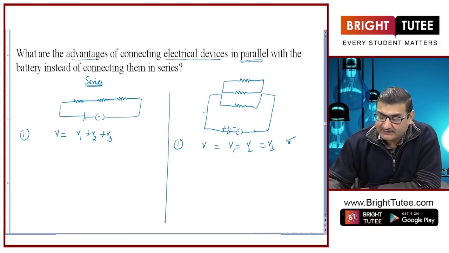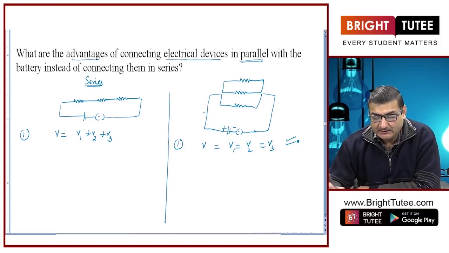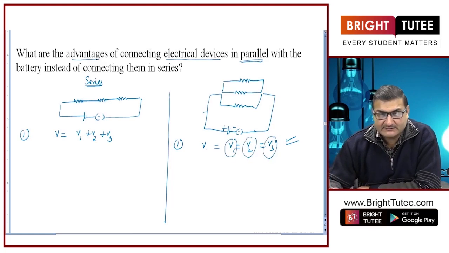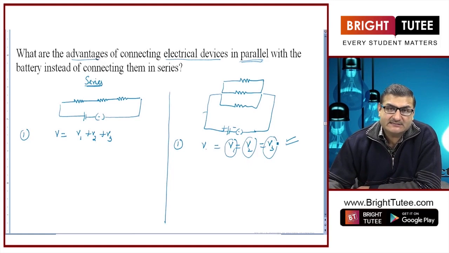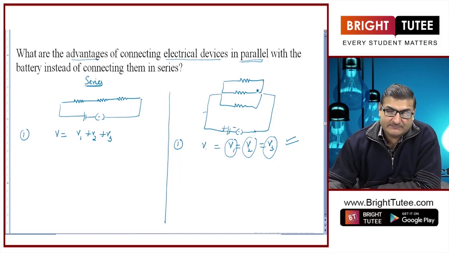So, this is one advantage why I connect the domestic household electrical appliances, all devices in parallel, because by doing so the potential differences remain the same, because of which the bulbs or the appliances get the same voltage. Got it? This is my first reason.